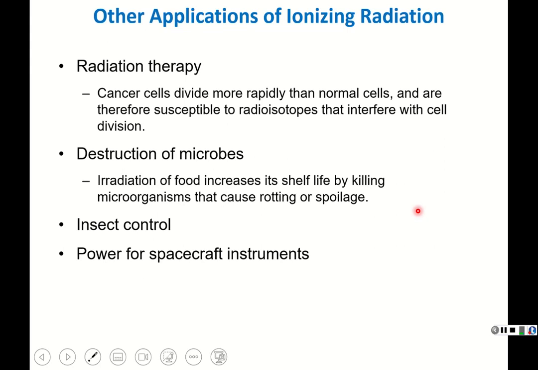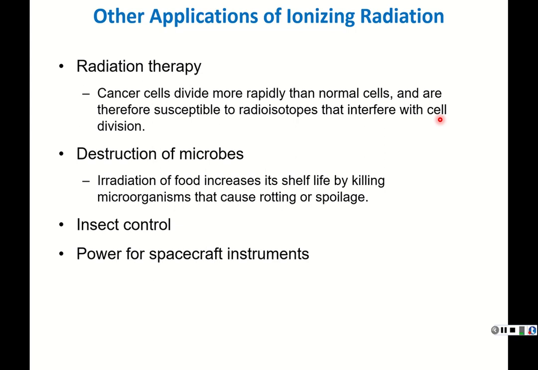Other applications of ionizing radiation: cancer cells divide more rapidly than normal cells, and therefore are more susceptible to radiation that can interfere with DNA and cell division. I don't know if that therapy is used quite as much as it used to be in the past, but it's still used, especially now with the more targeted ability to aim the radiation only at the cancer.